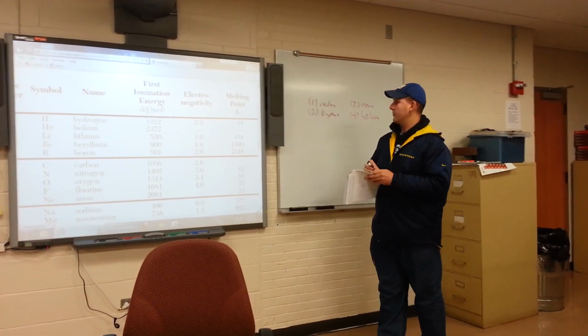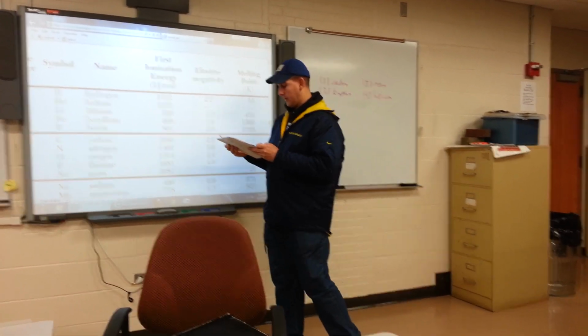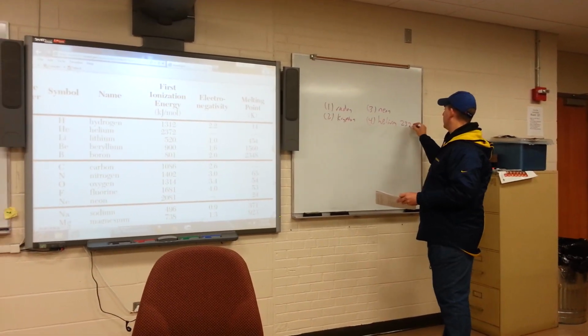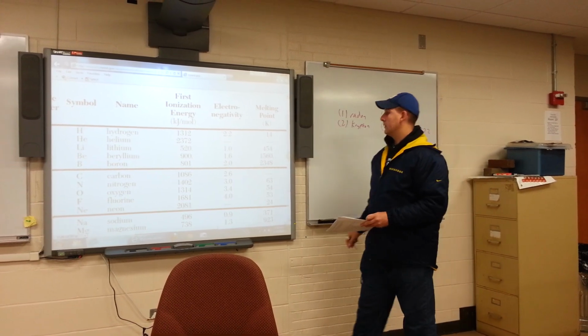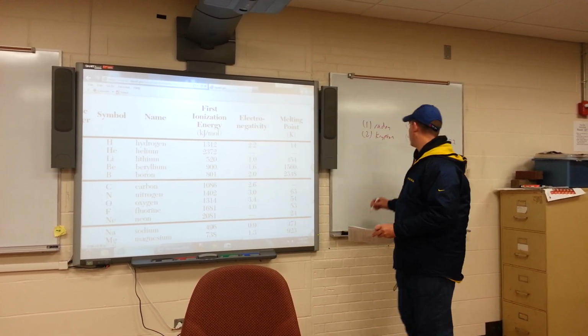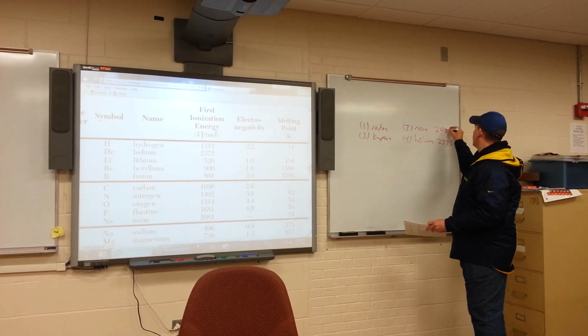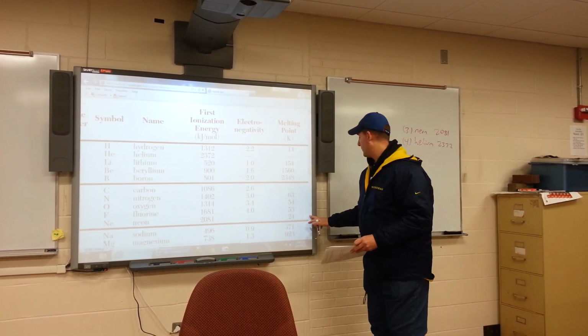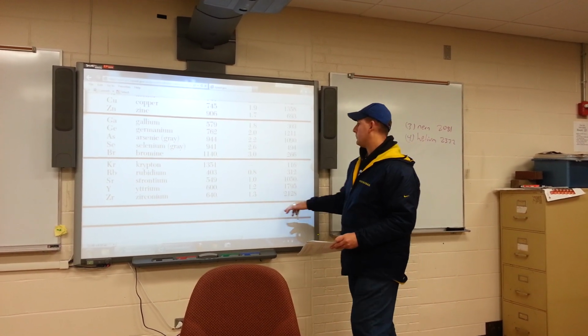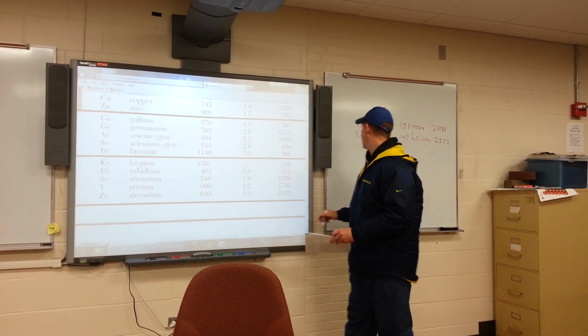So just look up the ionization energies. I'm just going to go in order to save time. Helium is 2,372, so you write that next to the choice. Neon, atomic number 10, has a first ionization energy of 2,081. So write that there. Then you have to scroll down to krypton, 1,351.